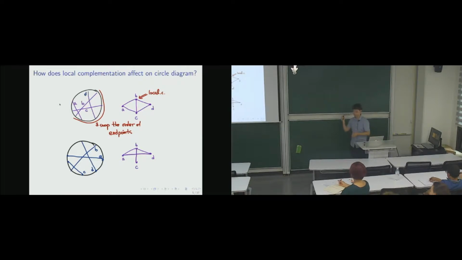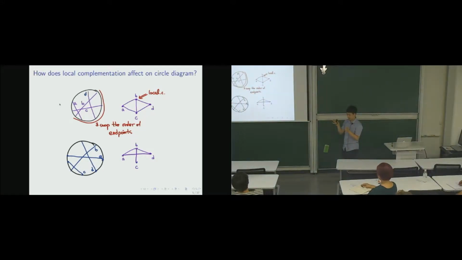Also, deleting vertices preserves circle graphs. So it's a very similar situation: planar graphs are closed under taking minors, and planar graphs have unbounded treewidth.